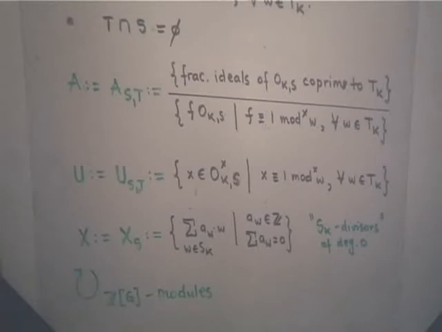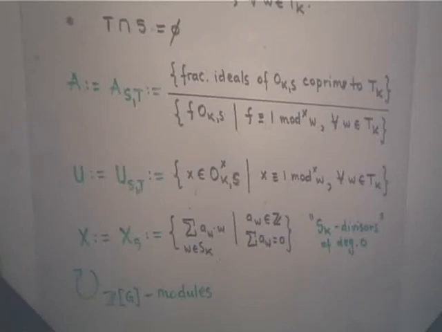In order to simplify things, later on I'll drop S and T from the notation because S and T will be fixed throughout the talk. So U sub S comma T will become U, A sub S comma T will become A. And then X sub S is simply the set of Sk divisors of degree 0 in capital K. So those are formal sums in the primes in Sk with coefficients in Z such that the sum of the coefficients is 0.